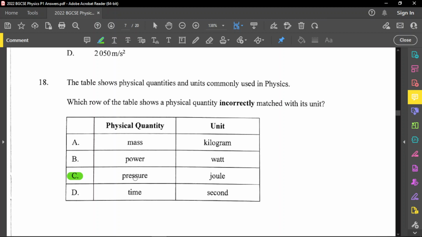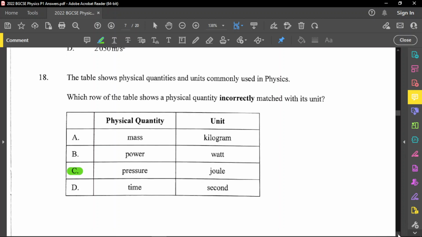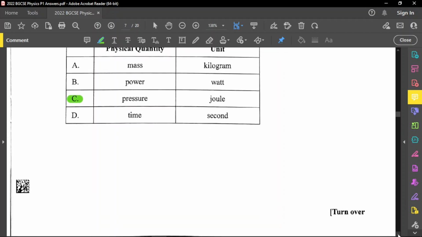Pressure is the incorrect one, because joules is used to measure energy. Pressure is force per meter squared, newtons per meter squared, because it's force over area. So you can use that formula to define your units.